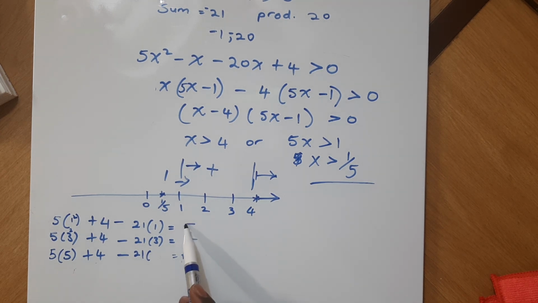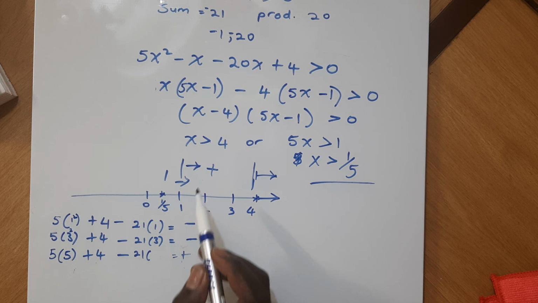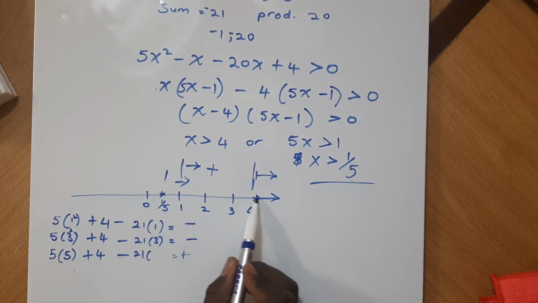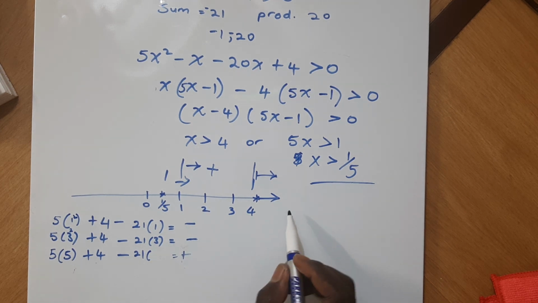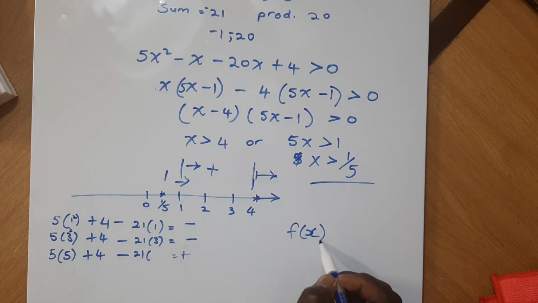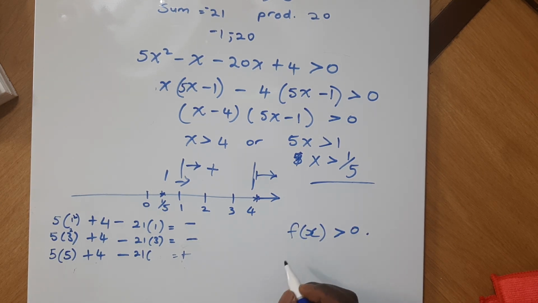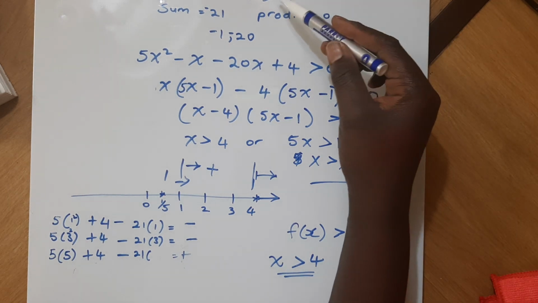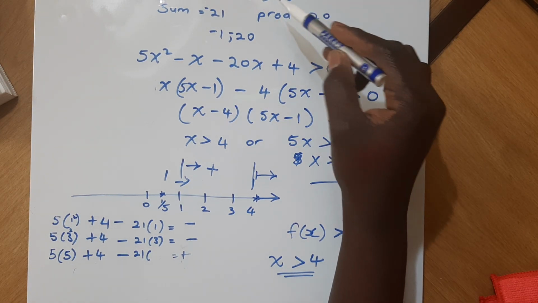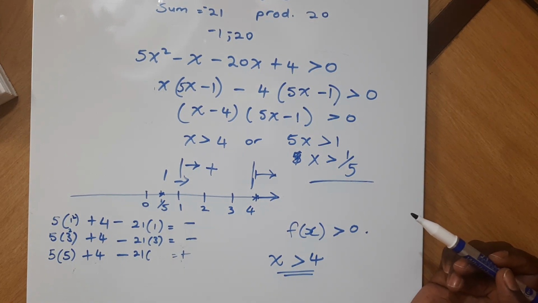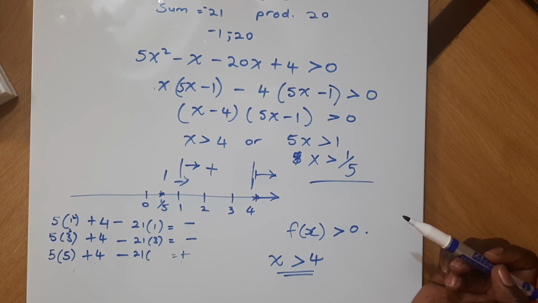So then the domain, it's negative here, and then only after 4 do we have the function greater than 0, f(x), okay? So that means our solution is x greater than 4, because we want the solution for the function being greater than 0, okay?